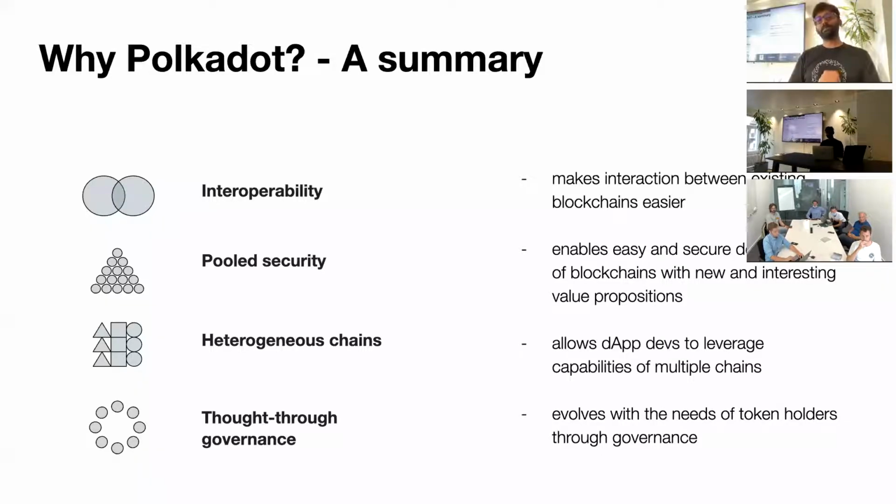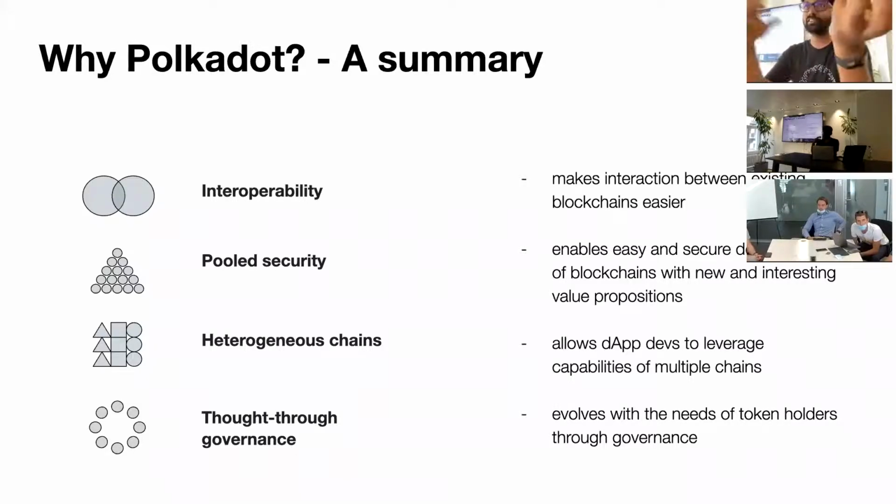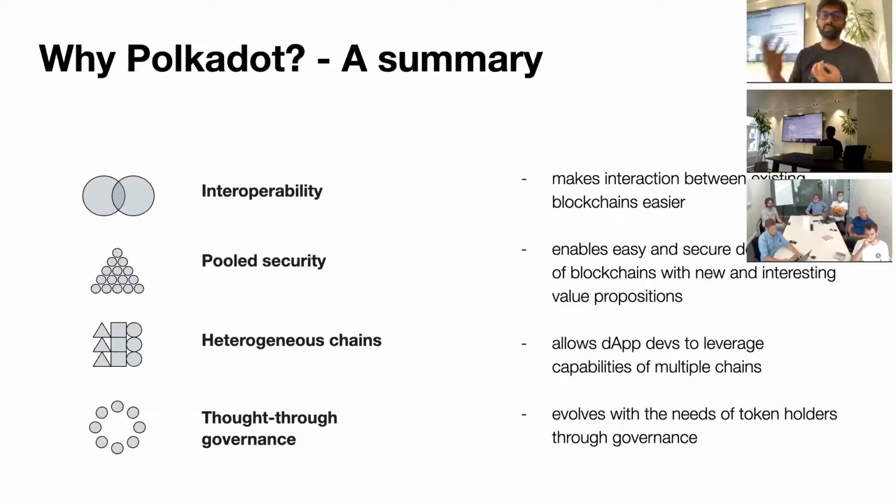I'm going to summarize what I just talked about. Polkadot does interoperability, blockchains communicating with each other, and pooled security. We have this central relay chain that is going to secure all these individual blockchains. Heterogeneous chains: the distributed apps that you can develop on them, the opportunities are boundless.